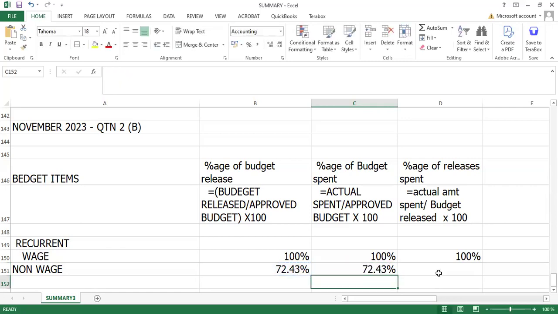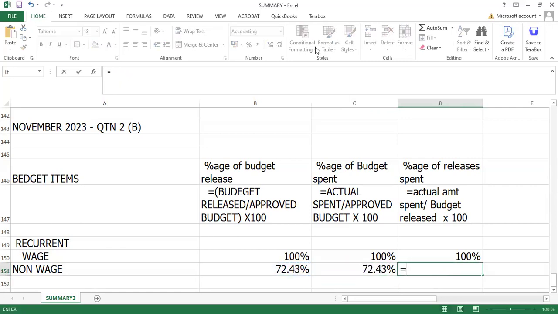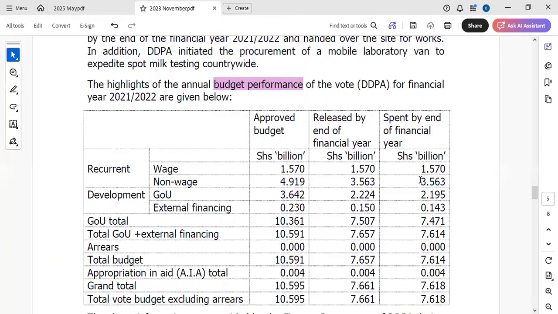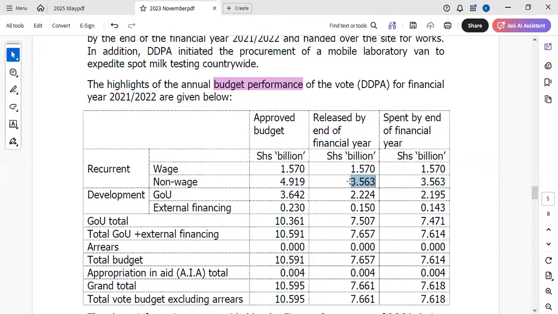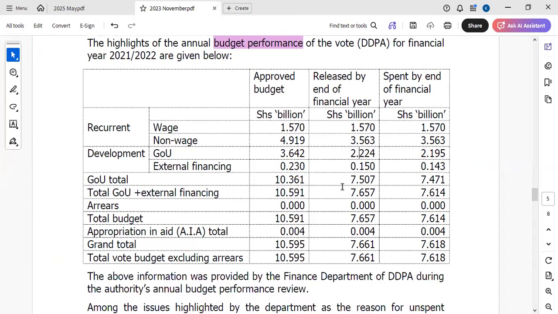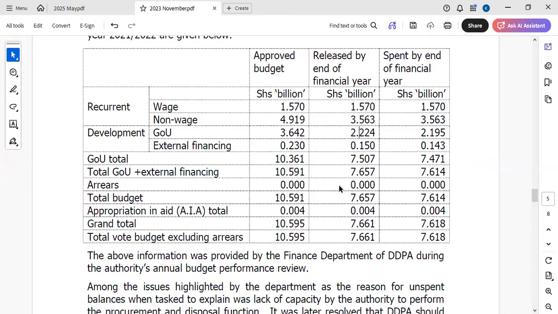Then here you are looking at the actual amount spent, which is this actual amount spent over the actual amount released, which will be 100%. But here it will not be 100%, this line. But that's what you keep on doing for each line item. You do that line by line.